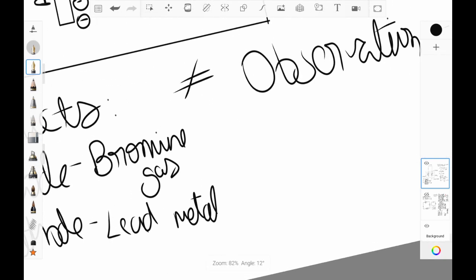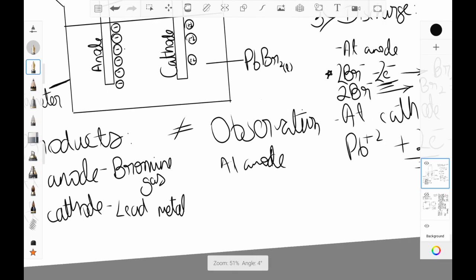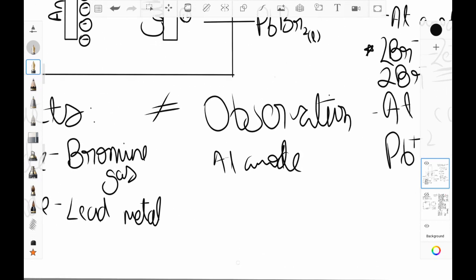So, for example, at the anode, the observation will be bubbles of red-brown gas. Because it's a gas that will be underwater, you're going to see bubbles, and the gas will be reddish brown in color because that's the color of bromine. But you cannot write bromine because you don't know it's bromine just by looking at it.